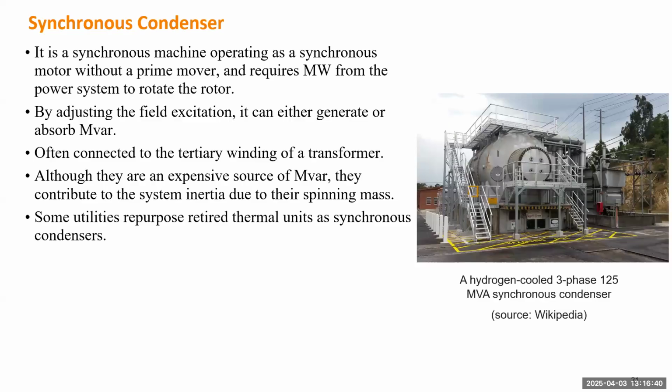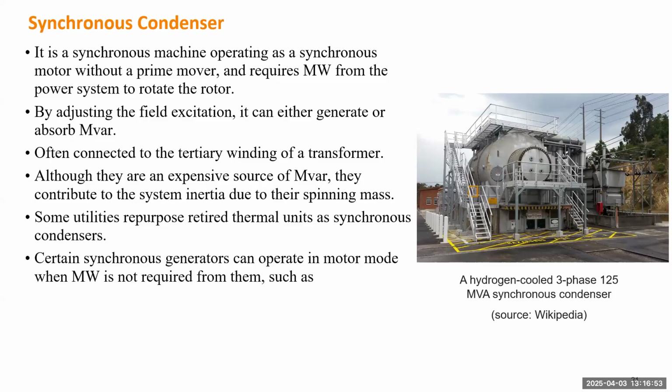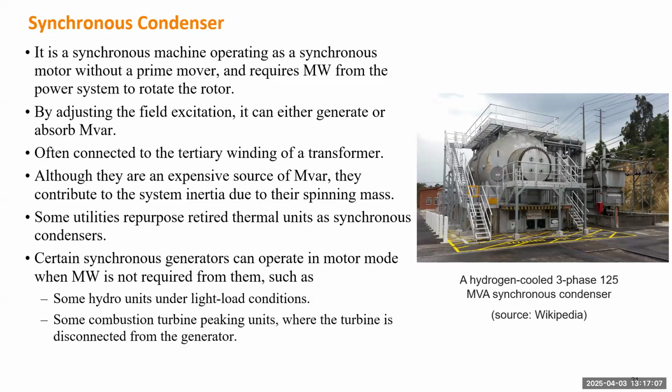If you retire this power plant, it still has that location and the whole control system you can utilize, so they can remodel this thermal power plant as a synchronous condenser. Definitely some hydro units can operate as motors, or if it's pumped storage, it can also operate as a synchronous condenser.